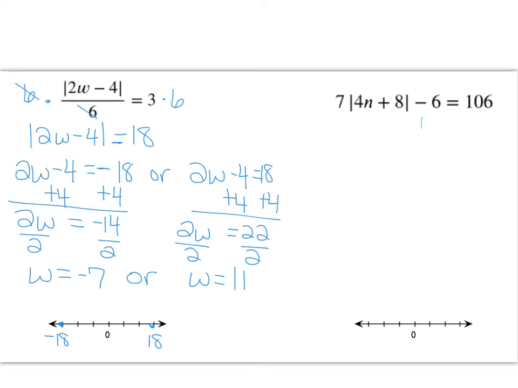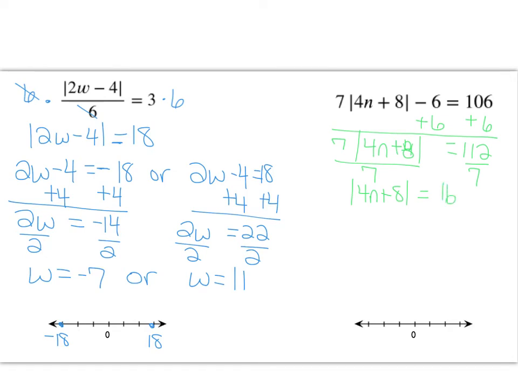So we're going to add 6 to both sides, and we get 7 times the absolute value of 4n plus 8 equals 112. Then we're going to divide both sides by 7, and we get the absolute value of 4n plus 8 equals 112 divided by 7, which is 16.